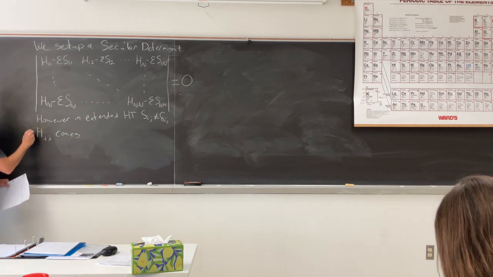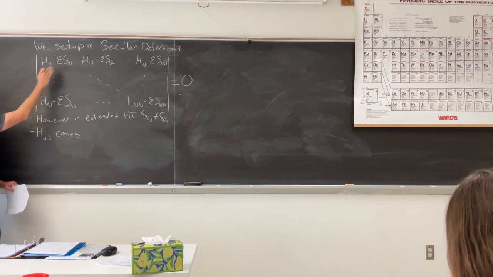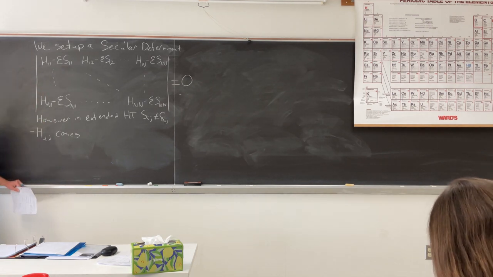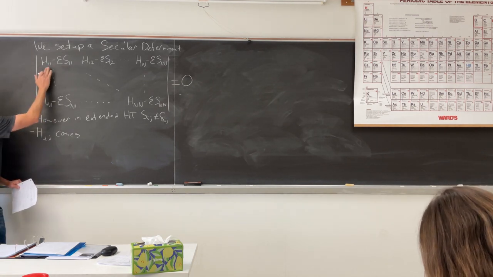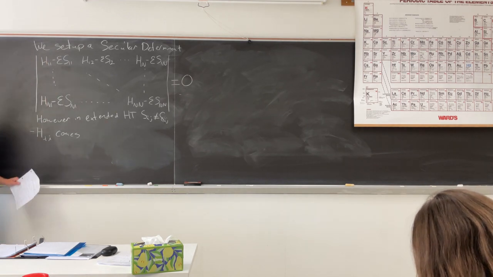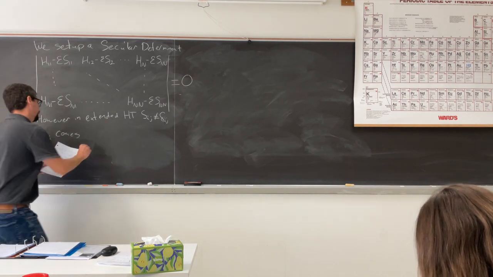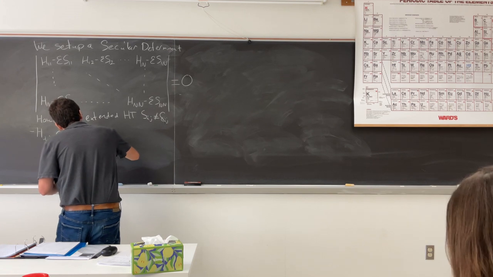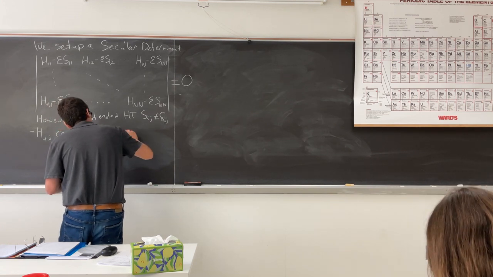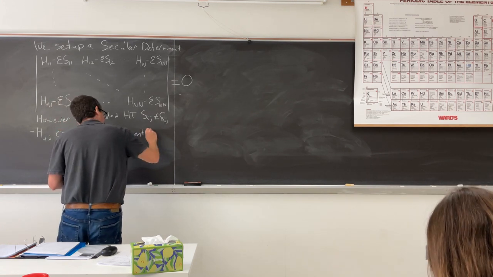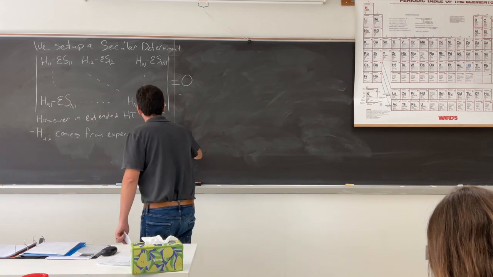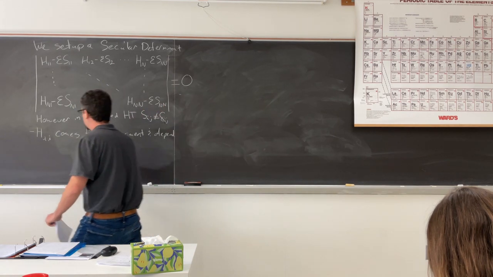Okay, HII. So we have IJ terms, which we'll talk about, but the II terms, the ones along the diagonal, they come from experiment and depend on the atomic orbital.